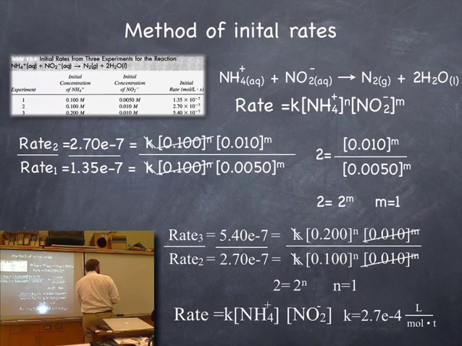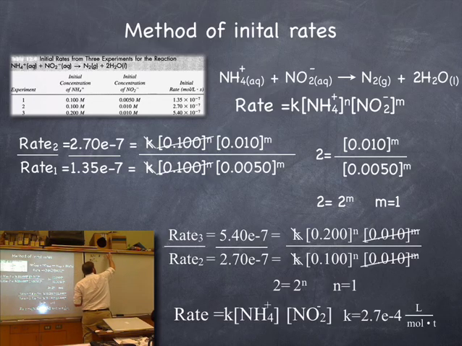So remember, what we had is we know that for the rate, we want it to be moles over liters times seconds. That's my molarity divided by seconds. Molarity over time. That's the units. So this is my K value.